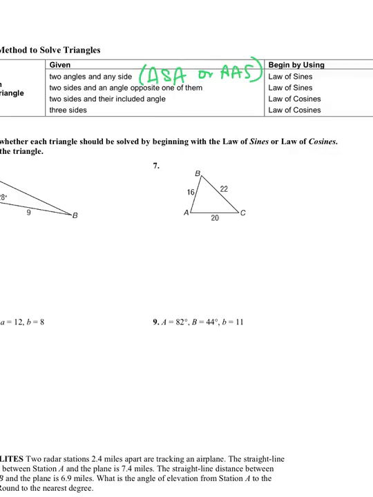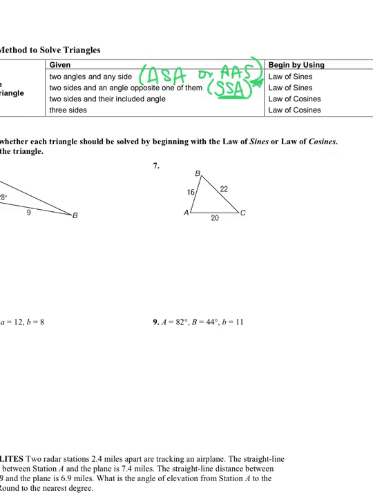If you have two sides and an angle opposite one of them, this is a special case of SSA. I'm going to put a star on that, because this is a situation where you can have one answer, two answers, or possibly no solution. So you want to be careful in this case to look out for all possible situations.